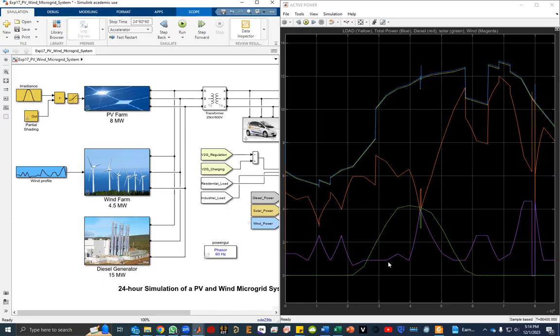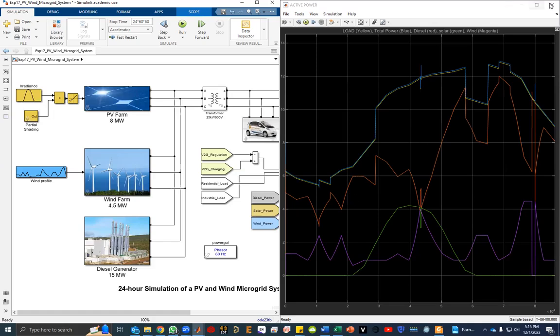It follows the profile of wind and solar. So no matter how powerful your wind farm is, if there is no wind, then we won't be able to get any power from the wind. If solar and wind are not sufficient, then diesel kicks in. If you look at it, the wind is not enough, solar is completely zero, but the rest of the power is served from this diesel generating station.